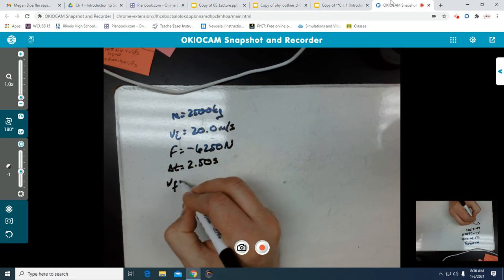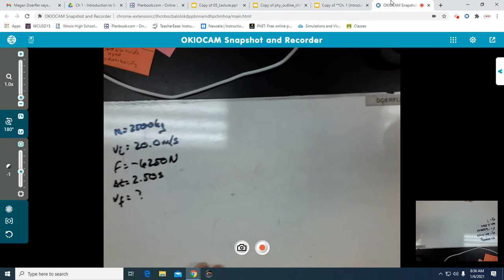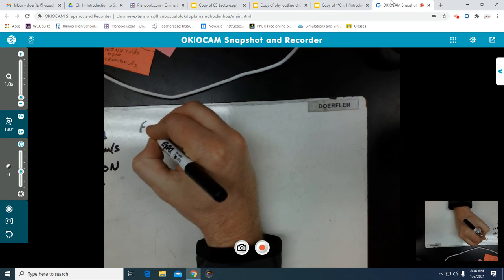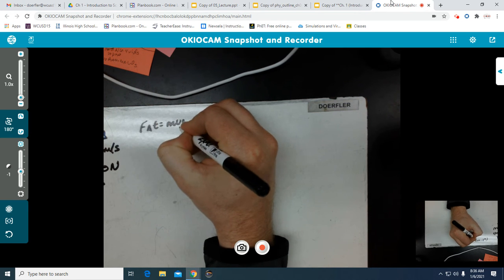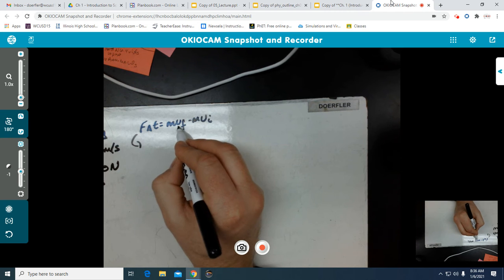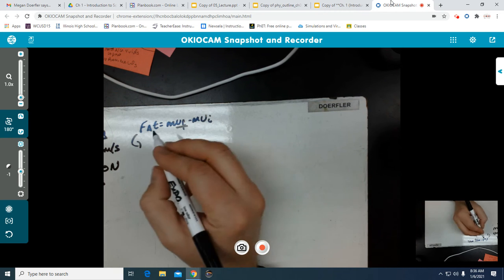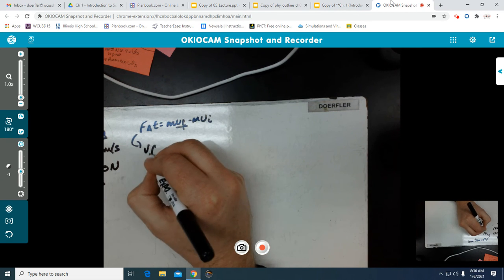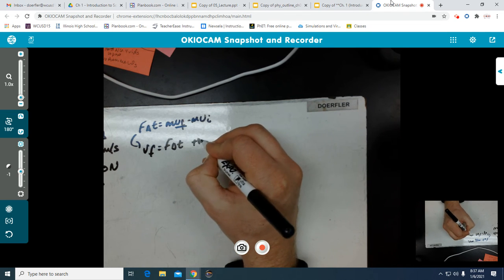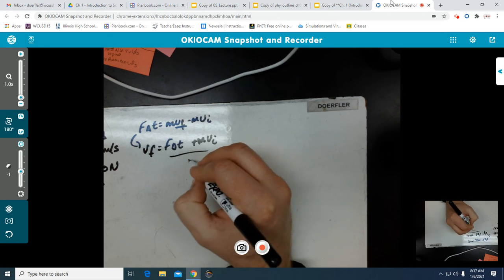So we're trying to figure out our final velocity here. So again, taking our F delta T is equal to mvf minus mvi, rearrange it to solve for vf. So vf is equal to F delta T plus mvi, all over m.